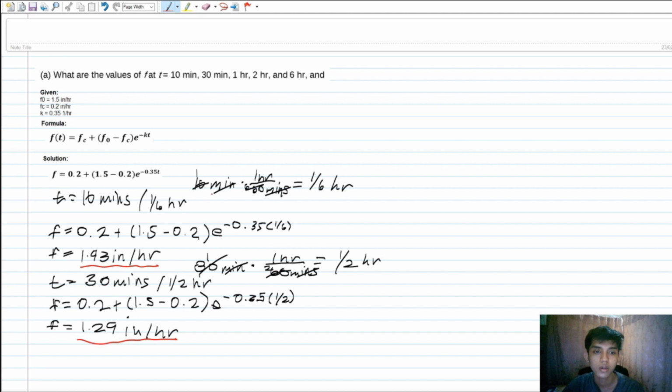We will stop here, for I think we already know how to compute for the value of f given a specific time. I will just show you the answers when t is equal to 1 hour, 2 hours, and 6 hours in the table that I've made.